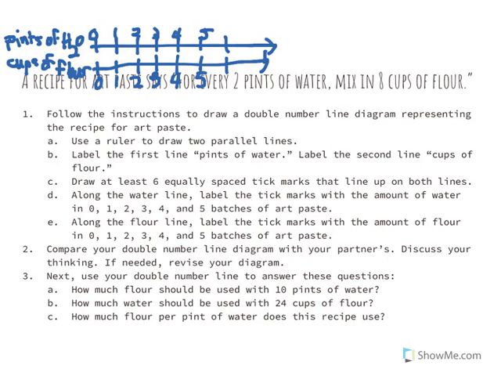Question number 3. Next, use your double number line to answer these questions. Okay, so how much flour should be used with 10 pints of water? So when we look up there, we don't have 10 pints of water. What number could we possibly use to get up to 10 pints of water?